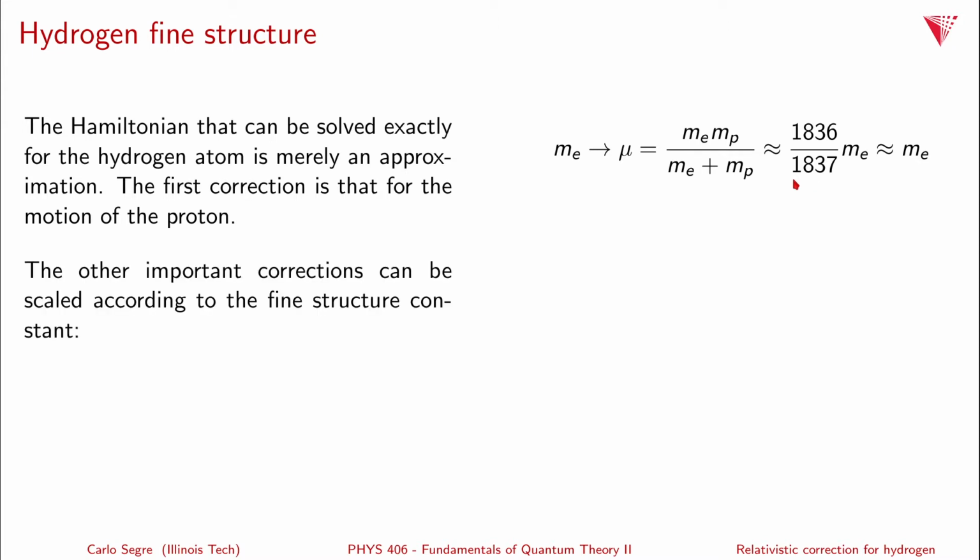Other important corrections can be scaled according to a constant called the fine structure constant, alpha. Alpha is equal to the electron charge squared divided by 4 pi epsilon naught h bar c, and it's approximately 1/137.